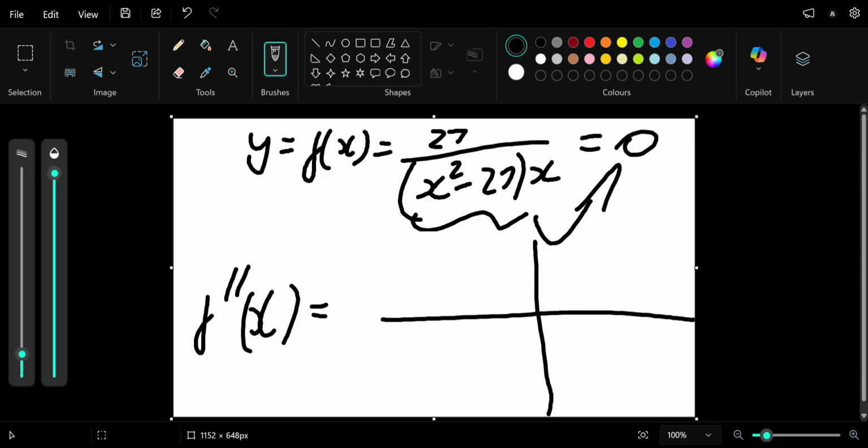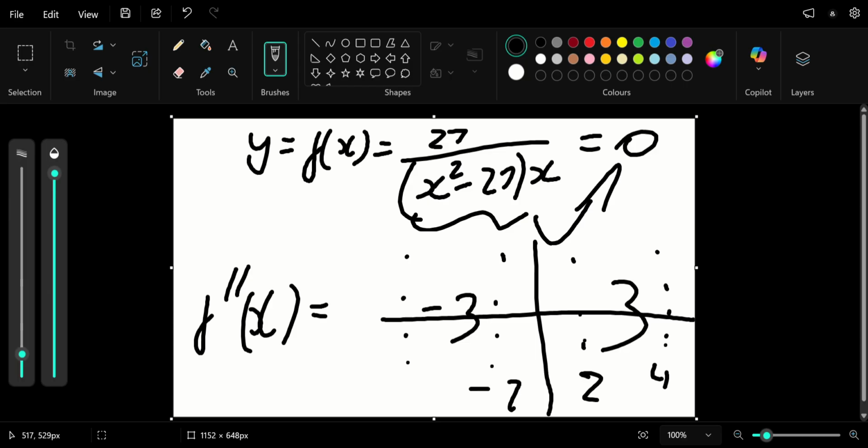So for example, on the number line, if we had the points 3 and minus 3, oh, we got those the wrong way around. All you have to do is just see what the gradient is at 4, for example, at minus 4 and at 2, and minus 2 and minus 4.